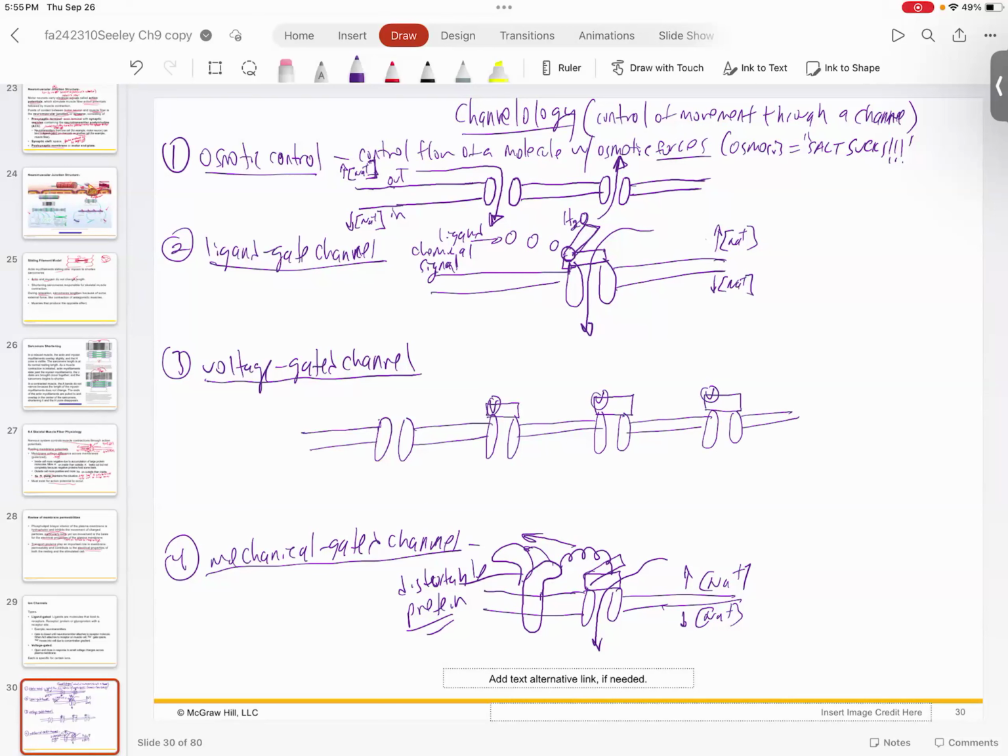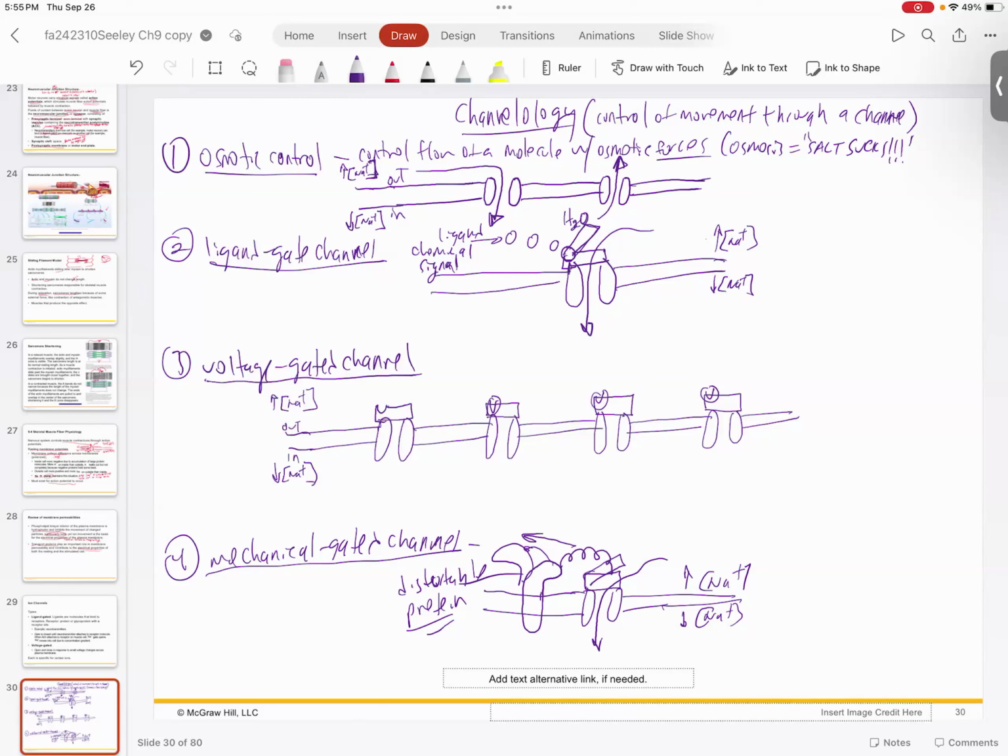And I'm going to start it off with a ligand gate. Now let me set the stage, right? Remember, on the outside, we have a high sodium concentration. On the inside, we have a low sodium concentration.